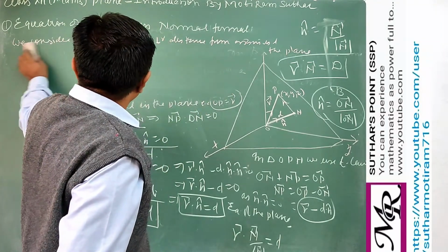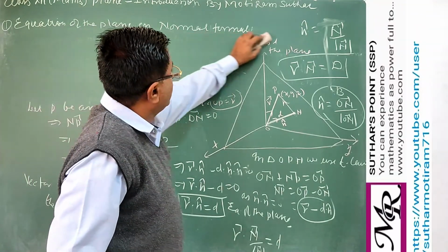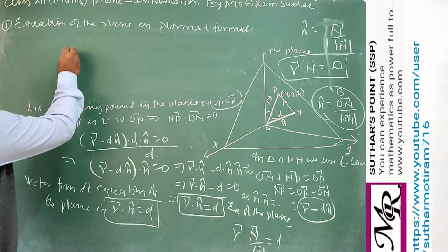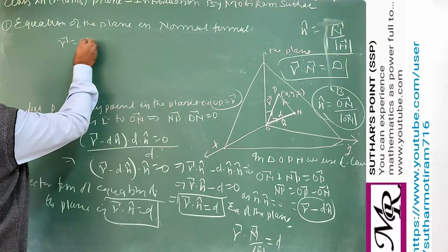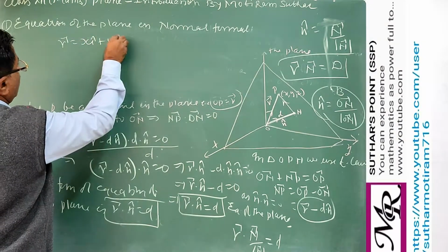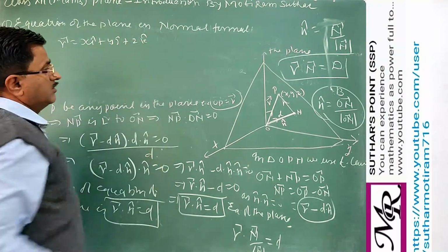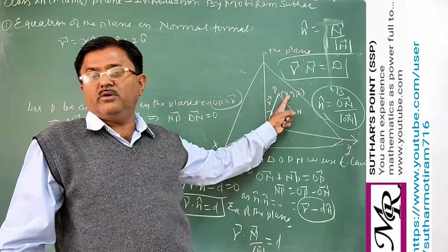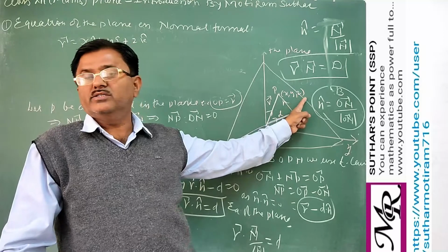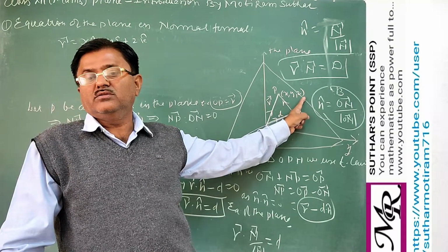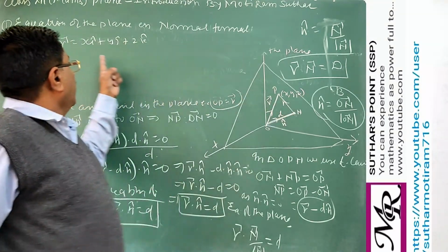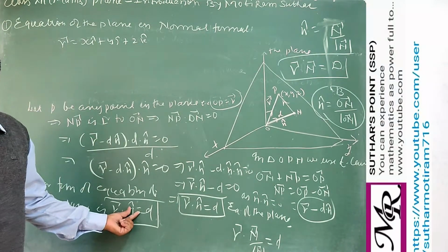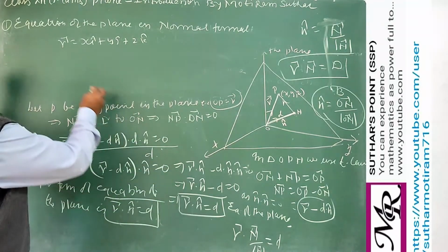Now suppose we want to convert this vector form into Cartesian. To convert to Cartesian, we know that we have to convert the vector into coordinates. So vector r can be written as xi plus yj plus zk, because the coordinates of point P whose position vector is r are x, y, z. Now this n cap is a unit vector.